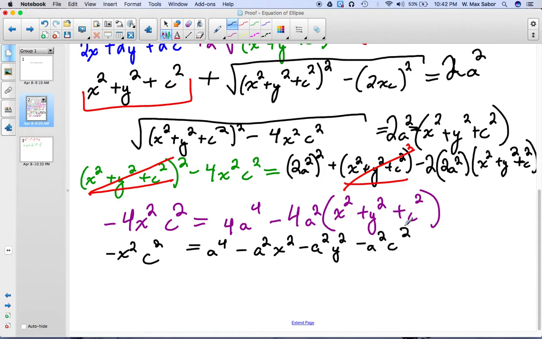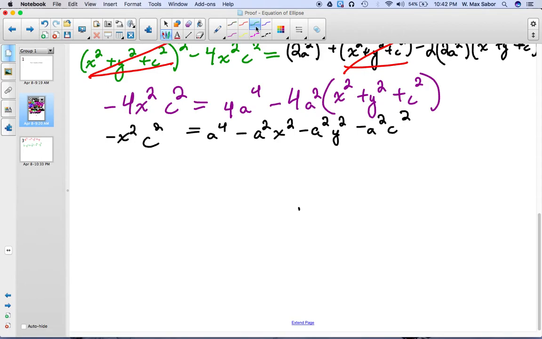Now, let's get all the x's and the y's on the same side of the equation, and all the non-x's and y's on the other side. Let's see, where are the x's and the y's? Here's x's, here's y's. Move everything else to the other side of the equation.